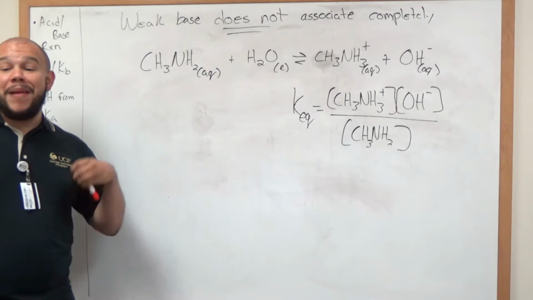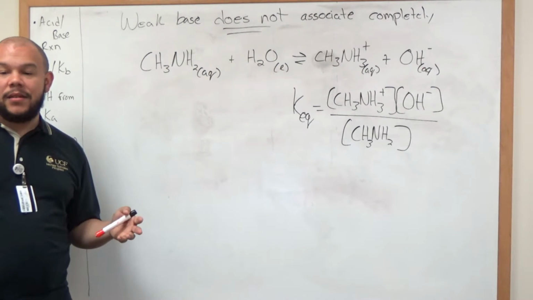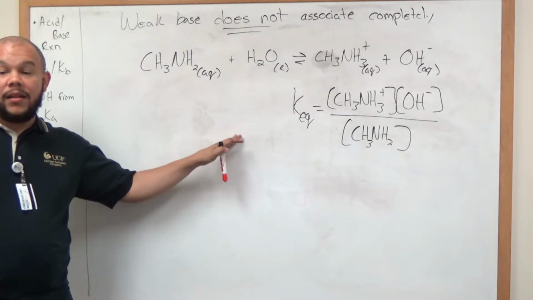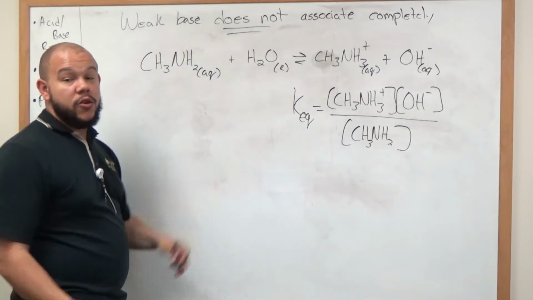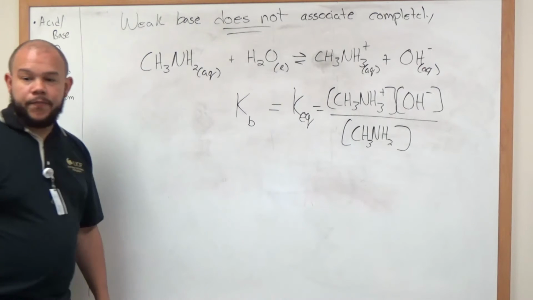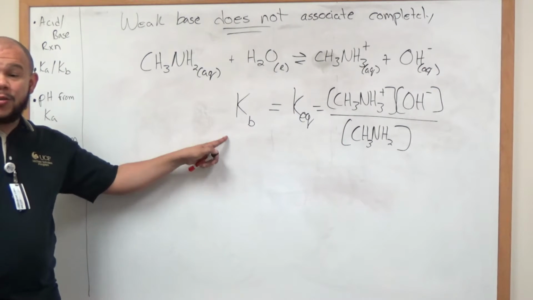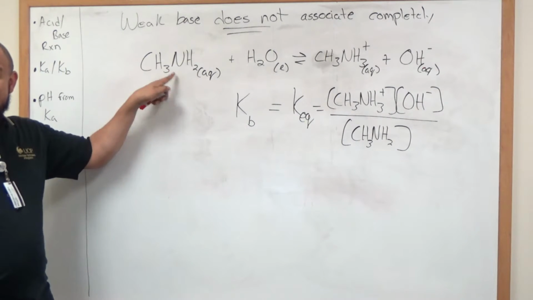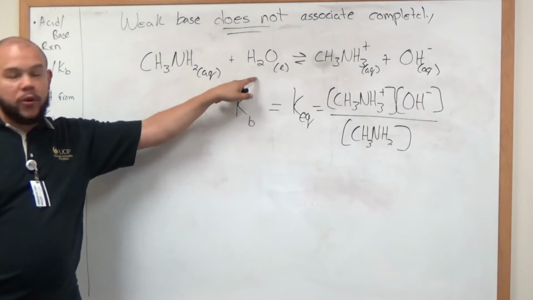When dealing with bases, we have an expression KEQ, and we call this KB. Just like it's KA, we have KB. And KB tells us how much this associates with protons from water.